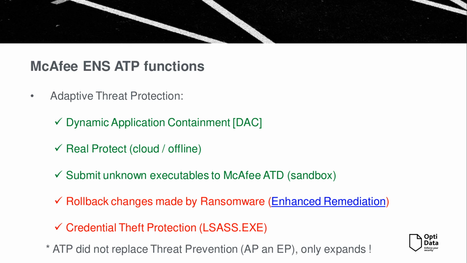For executables with unknown reputation, if McAfee didn't know the reputation of this particular EXE or DLL, Endpoint Security will allow this code to run in memory, but this program will run in some cache. It will run with limitation. That's the principle of Dynamic Application Containment.